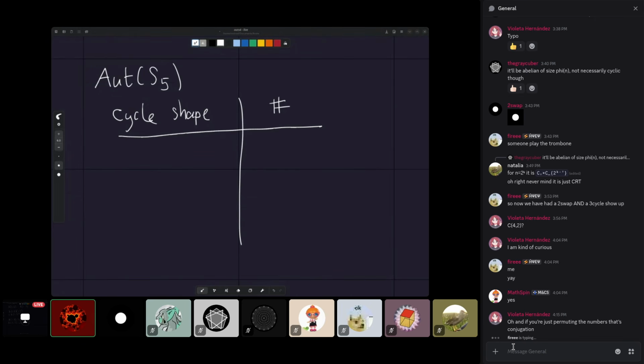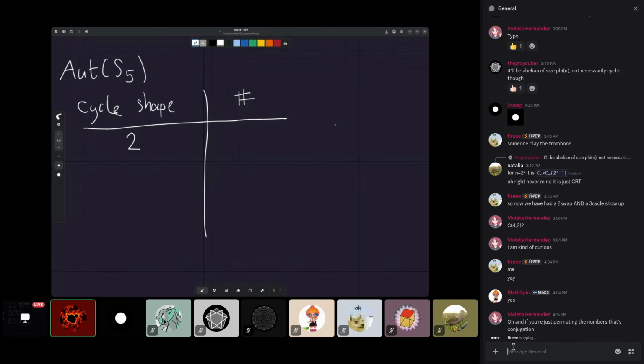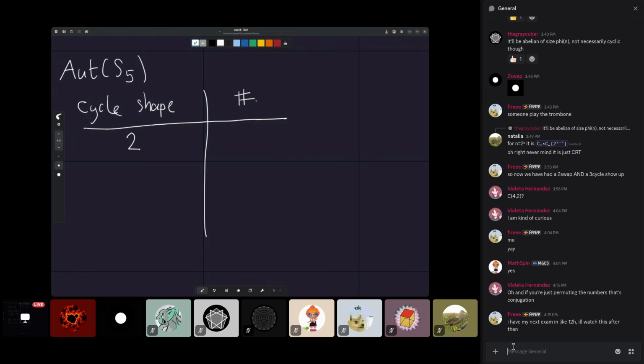So what do we need? How many 2-cycles are there? Answers, shout them out. 20. That's not what I've got. I don't think it's 20. 10. Wait. Yes, 10. Why is it not 20? I think I double counted the symmetric pairs, the flipped equivalent.